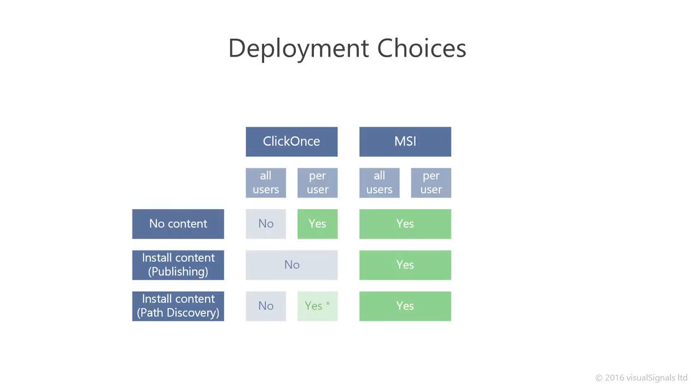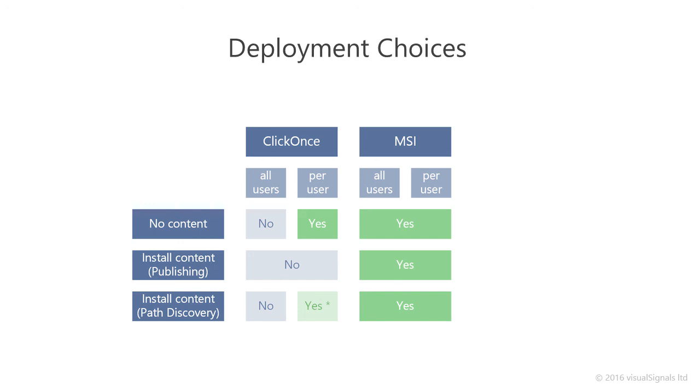You can see that the MSI route allows for all options, while ClickOnce only supports a more limited set. The ClickOnce limitations are due to the fact that it cannot write to the local machine hive of the registry, and this is a requirement for allowing your add-in to run for all users, and also for publishing your Visio content. If you don't have any content to deploy, then ClickOnce is a very viable option.